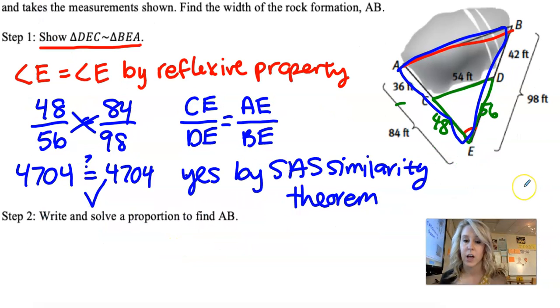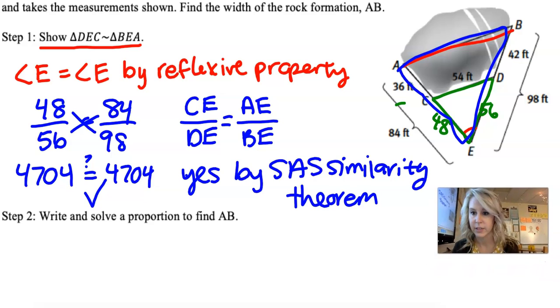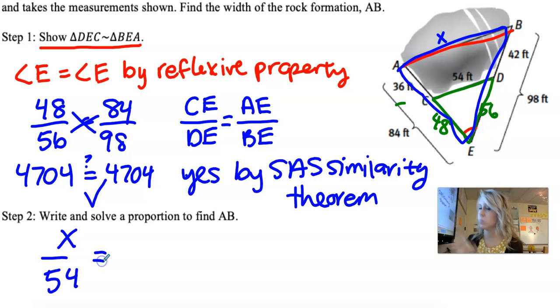So you have a lot of types of ways you can write your equation. Since we know a lot of information, we know a lot of sides. But I am trying to find AB, so that is going to be my base. So I know I'm going to have to use my base and my base. Okay? So I'm going to have x over 54. Okay?